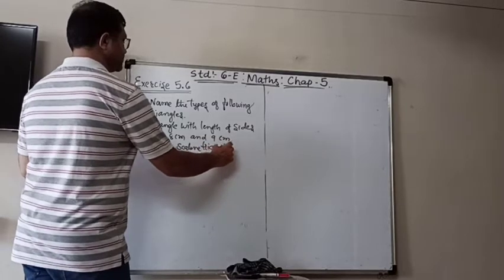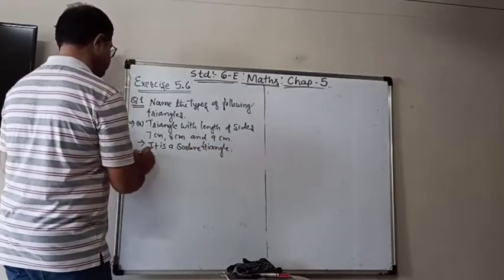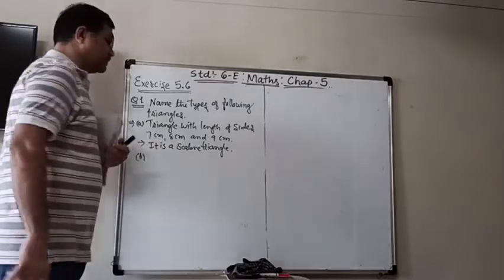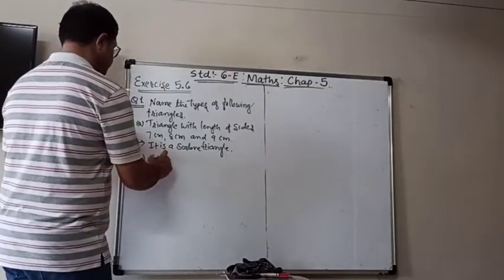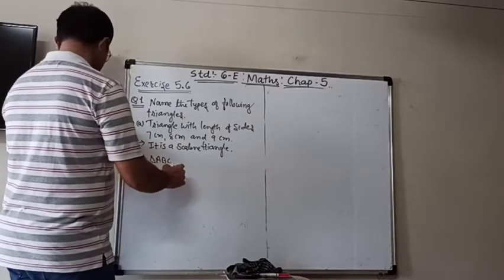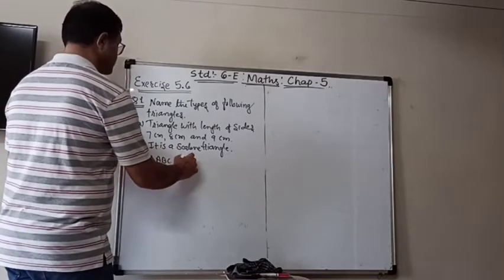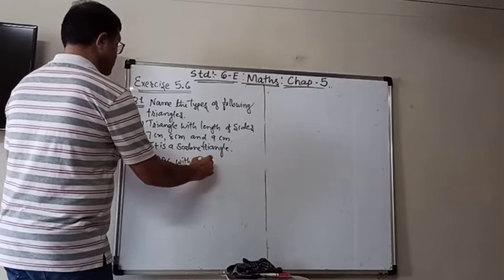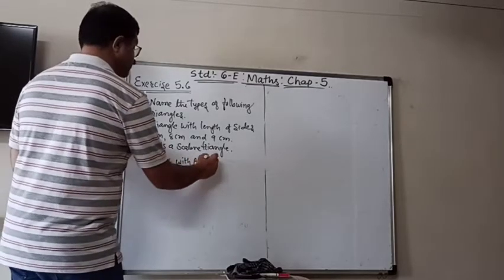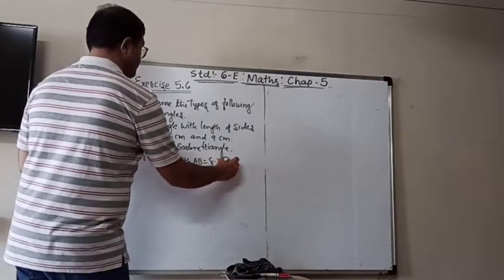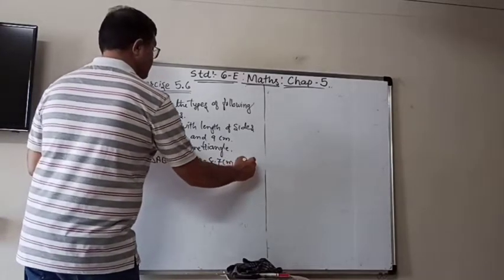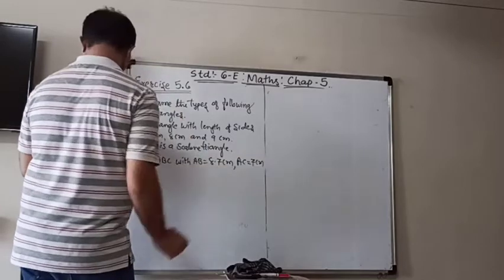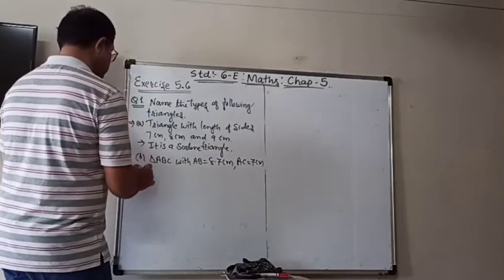So if you remember the theories and definitions, very easily we can write it down. Triangle ABC with AB equal to 8.7 centimeter, AC equal to 7 centimeter and BC equal to 6 centimeter.